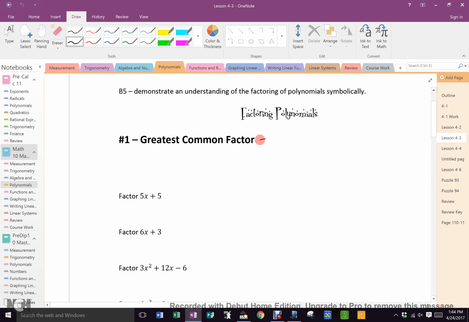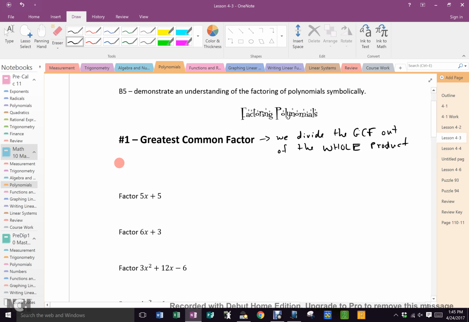Greatest common factor means we divide the GCF out of the whole product. Where do you find the GCF? You have to find it. And I'm going to show you how easy it is in a sec.